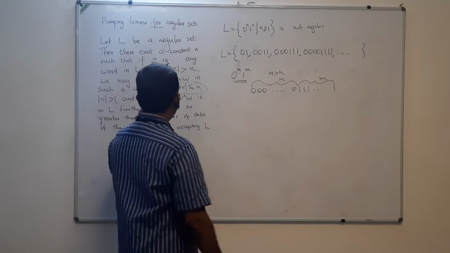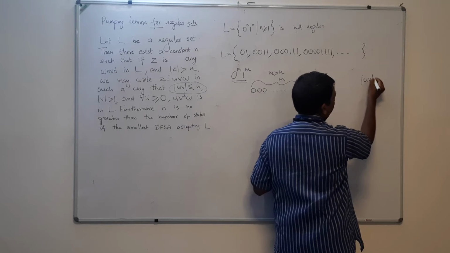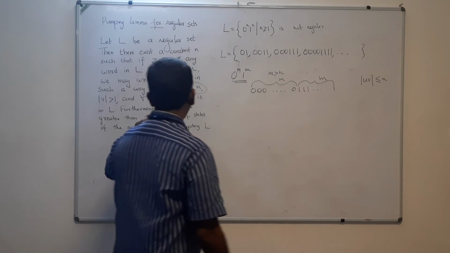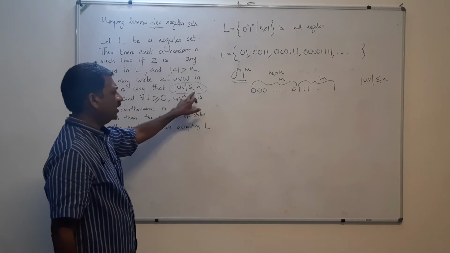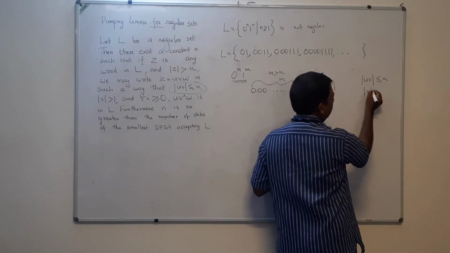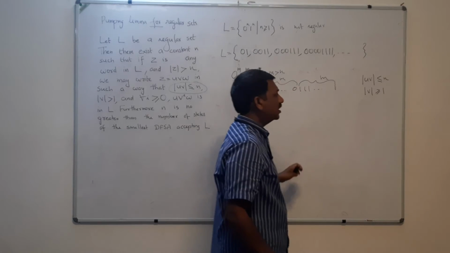As per our assumption, the modulus of UV is less than or equal to n, and the modulus of V is greater than or equal to 1. These are the two assumptions.